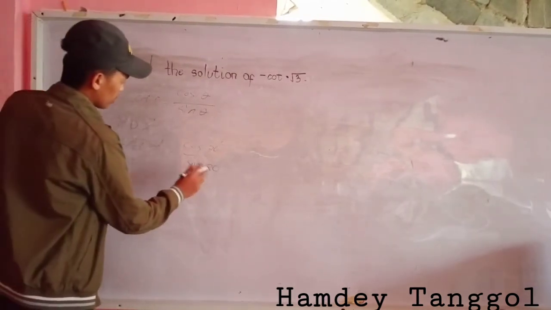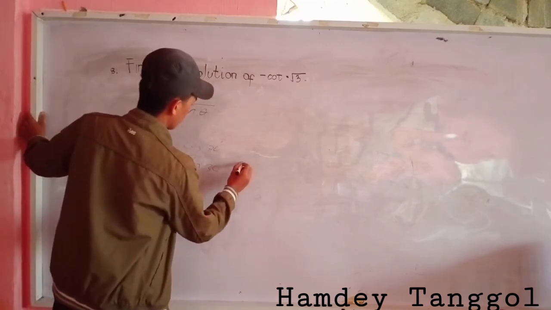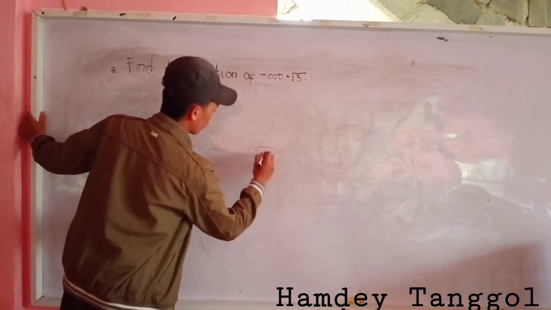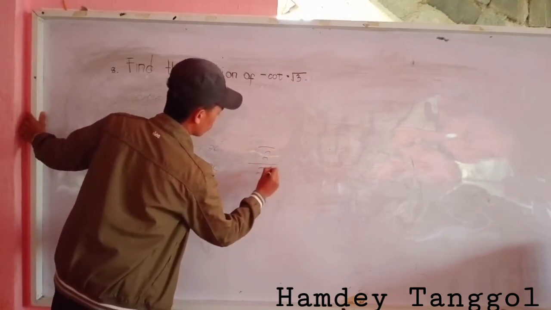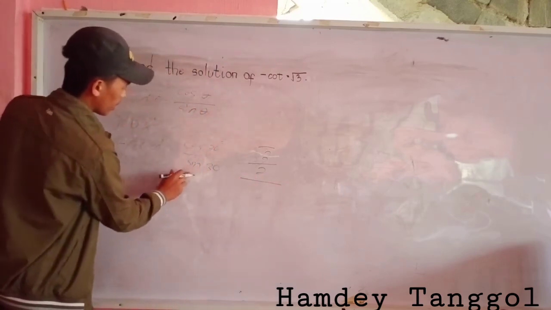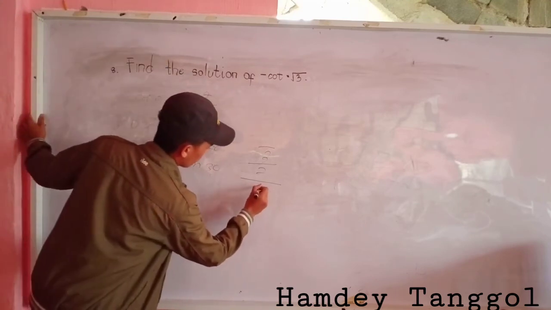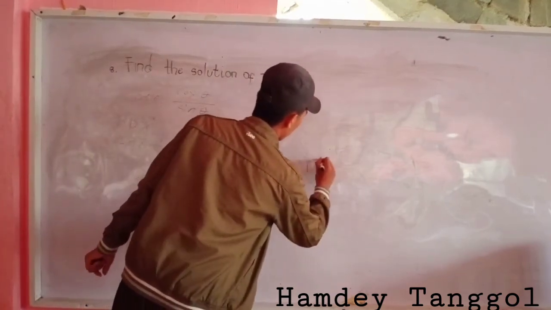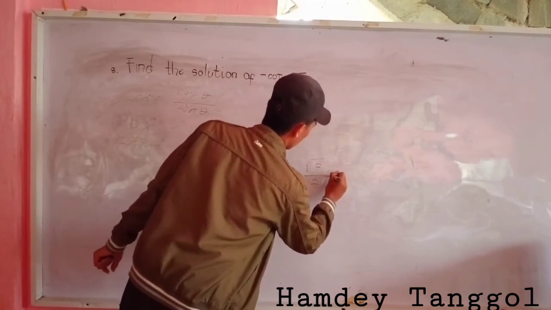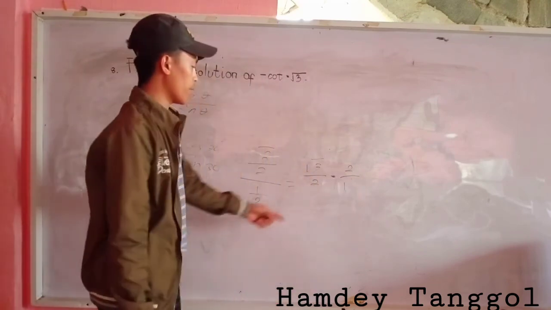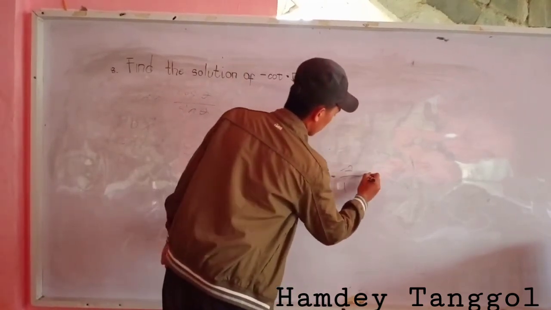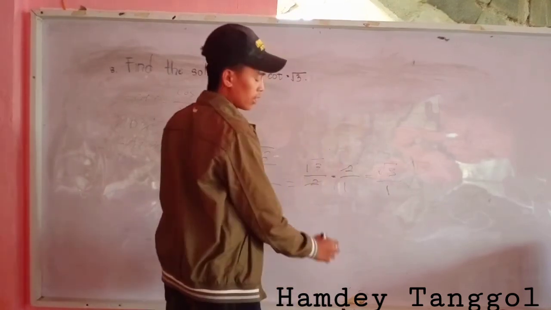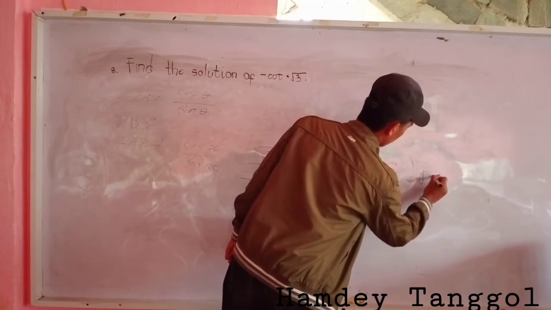The cosine of 30 is equal to square root of 3 over 2, divided by the sine of 30, which is 1/2. So, we take the reciprocal: square root of 3 over 2 times 2 over 1. Since the two 2s are the same, we cancel them. What remains is square root of 3 over 1, which is understood to be square root of 3.